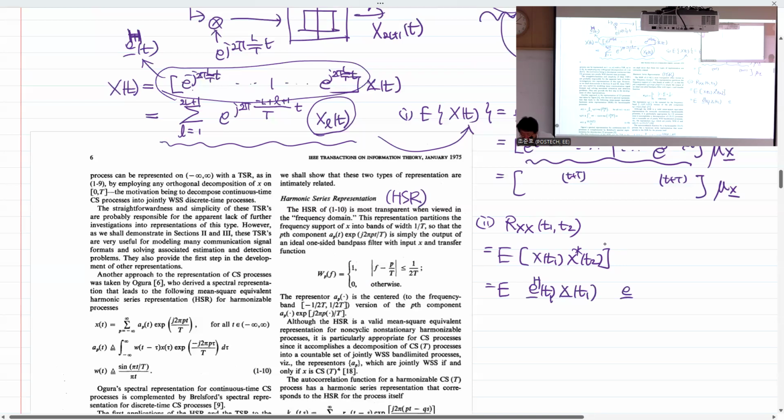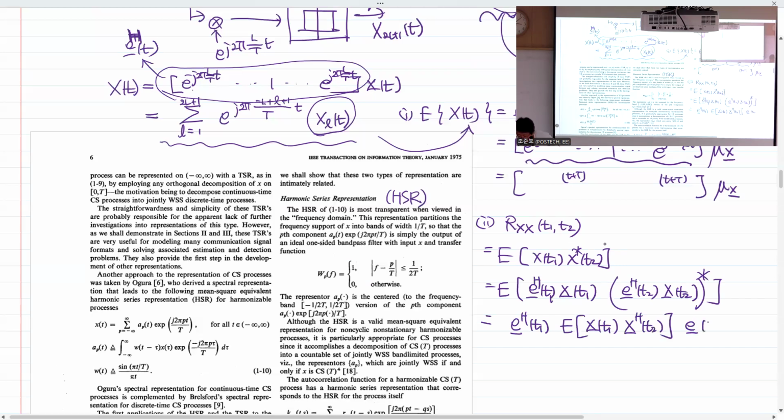And E Hermitian T2, X T2, and conjugate. Then what do we have? We have E Hermitian T1, expectation of X T1 and X conjugate T2, and we have E T2. Am I right?